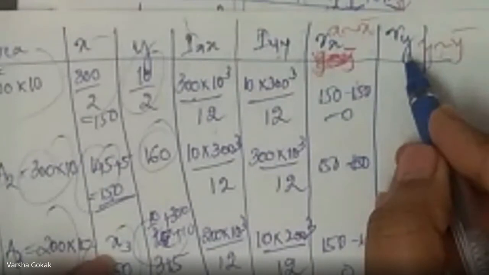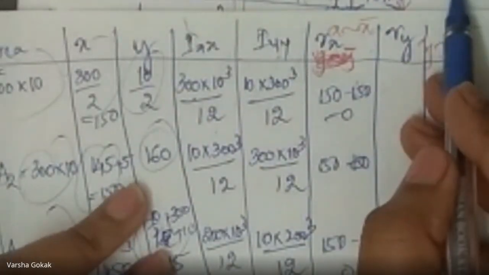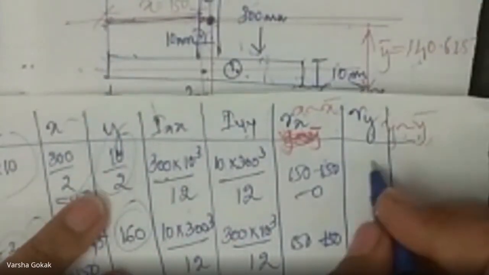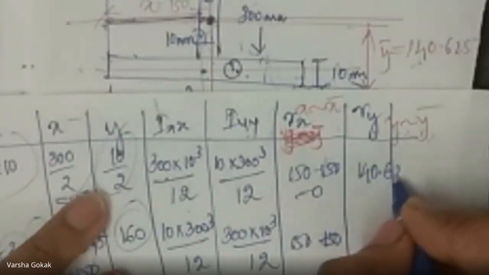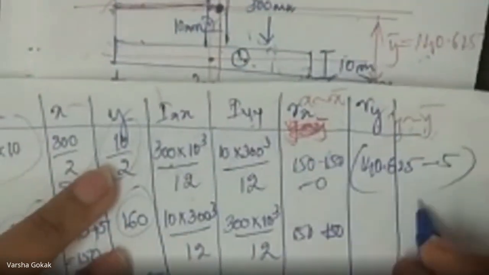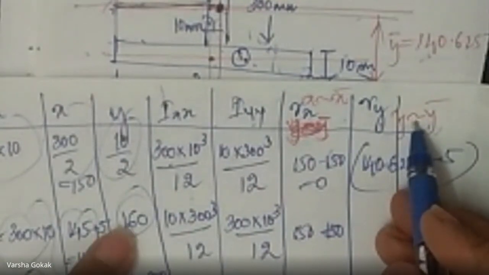When I'm doing Ry, it is the difference of y and y bar. So y bar I got 140.625 and I have individual y values over here. 140.625 minus this, 10 by 2 is 5. Next, here the y value is 160.